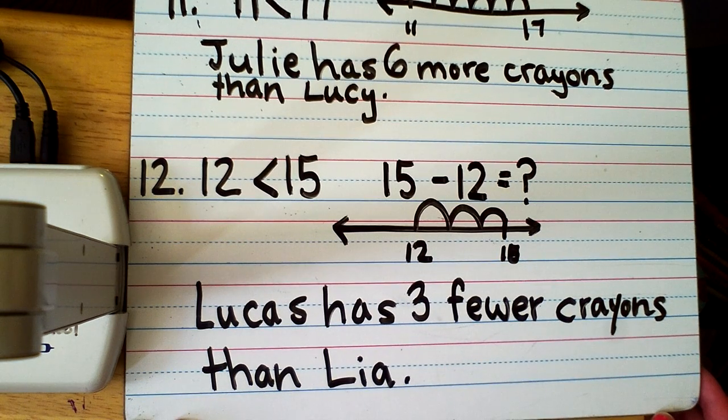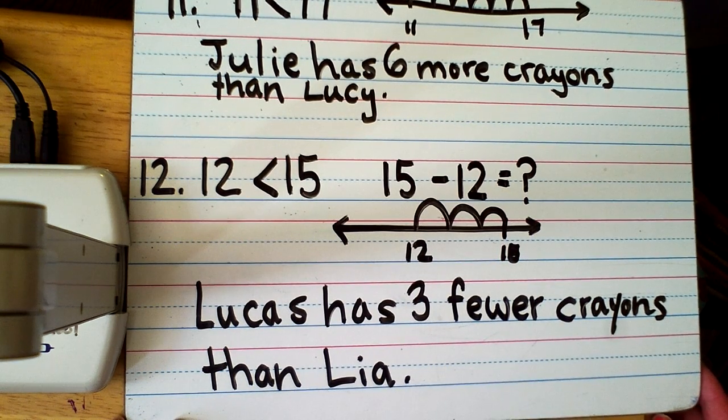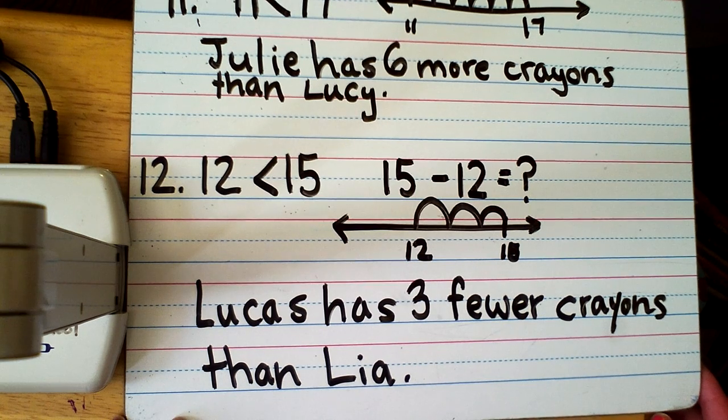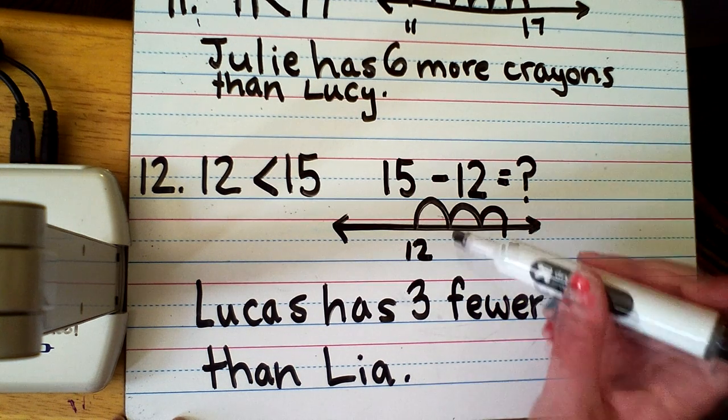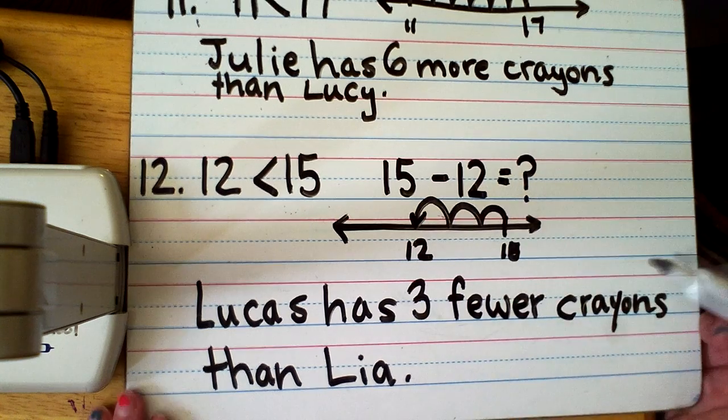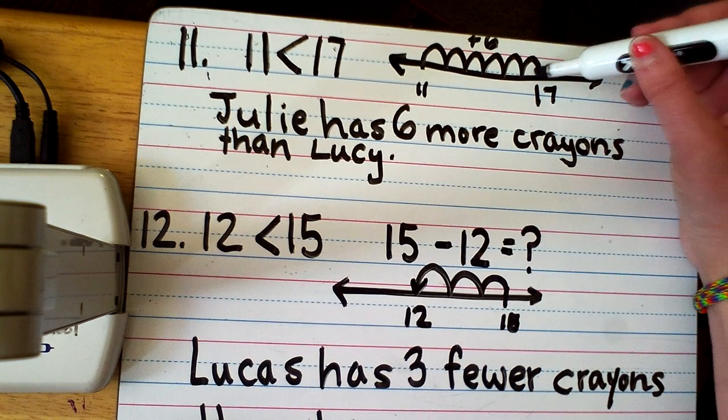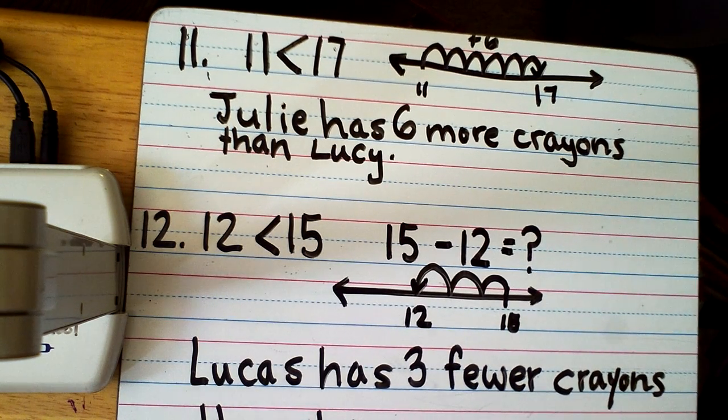Because I knew that 12 was the smaller number, and I know to subtract I have to start with my larger number and jump backwards. First problem we jumped forwards. Second problem we had to jump backwards.